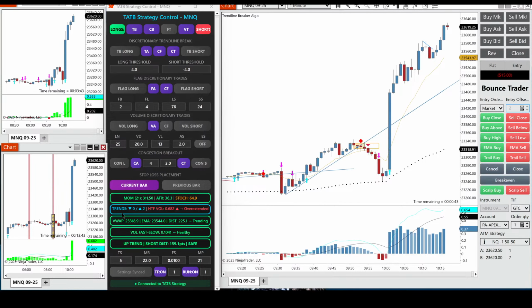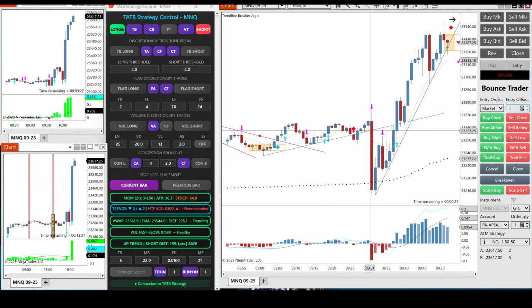Also, it tells you that we have two consecutive up trend lines. So this is one, this was the second one. I mean, this was the first one, this is the second one.